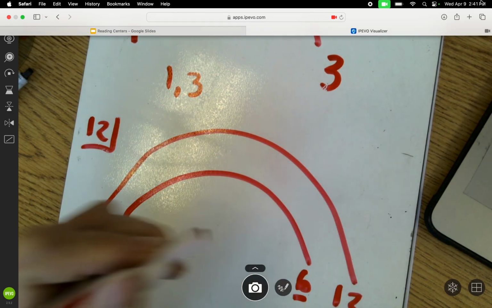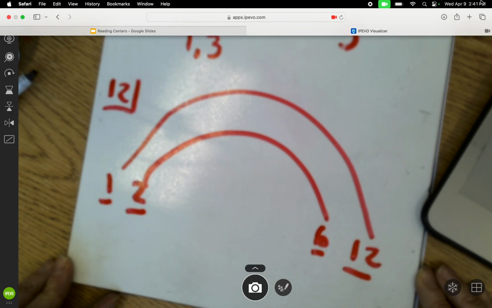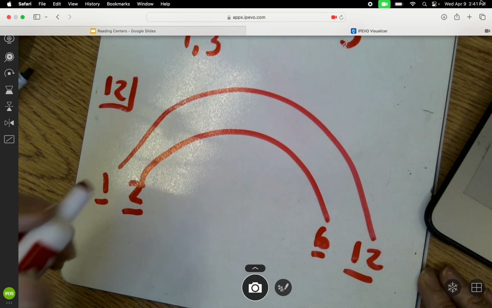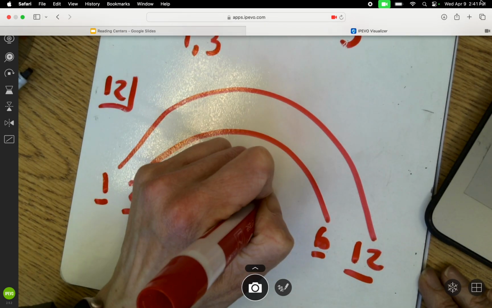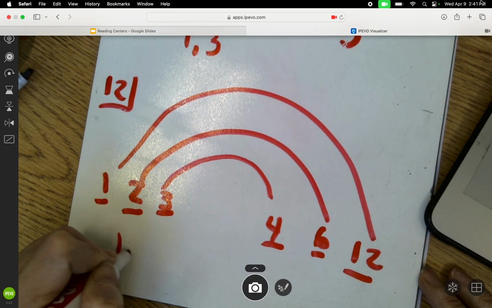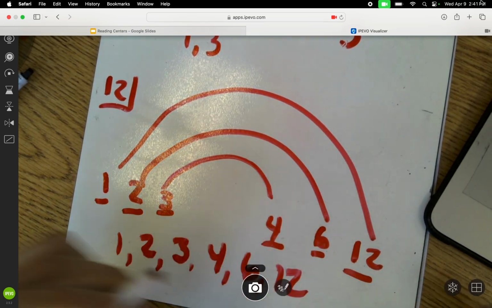So that is a pair. What about the number 3? 3, 6, 9, 12. Yep, I have 4 fingers up. So 3 and 4. Then I go to the number 4. It's already here. So the factors are 1, 2, 3, 4, 6, and 12.